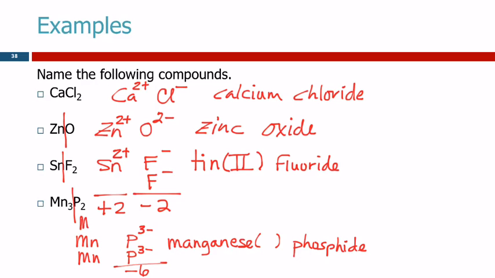If the anions give a total of -6 charge, what does the total positive charge have to be? It has to be +6. So we need a total of +6. That +6 charge is divided equally among these 3 ions. So 6 divided by 3, they're each going to be 2+.